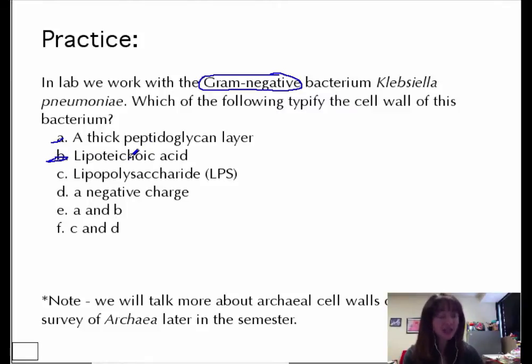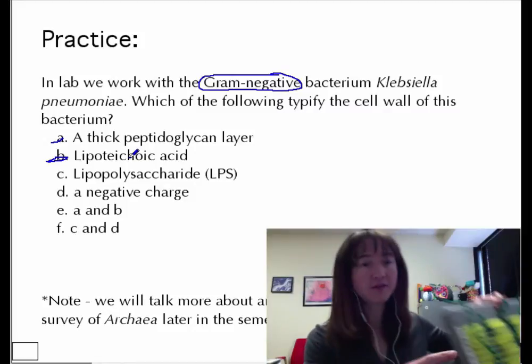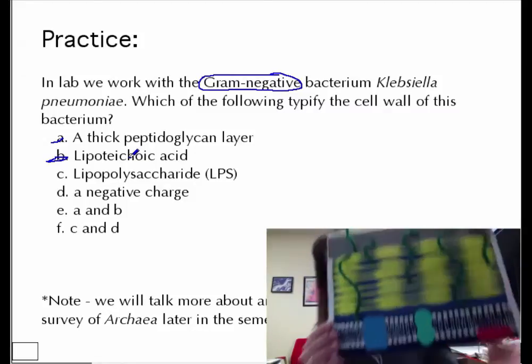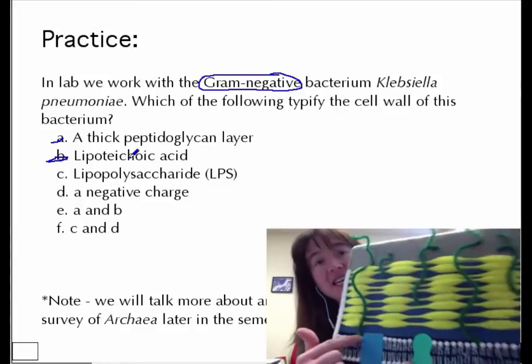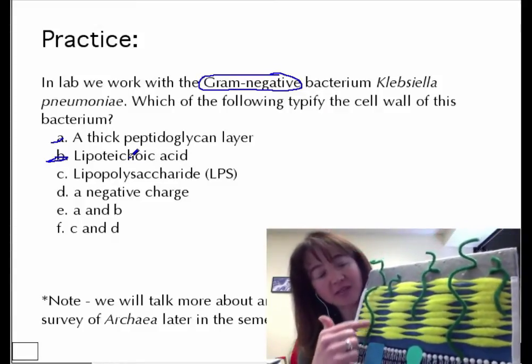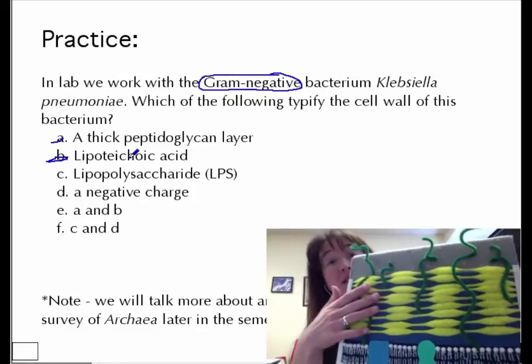And that's because lipoteichoic acid, remember, is the polymer that is bound to the cytoplasmic membrane and extends off of gram-positive cells. So in fact, we can turn this model around and we can find lipoteichoic acid on the gram-positive side. So here we've got the lipoteichoic acid attached to the cytoplasmic membrane and extending from a gram-positive cell wall.